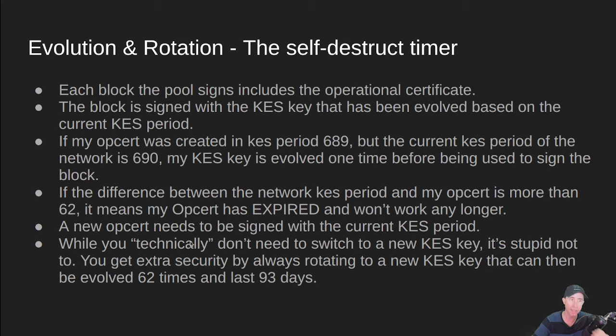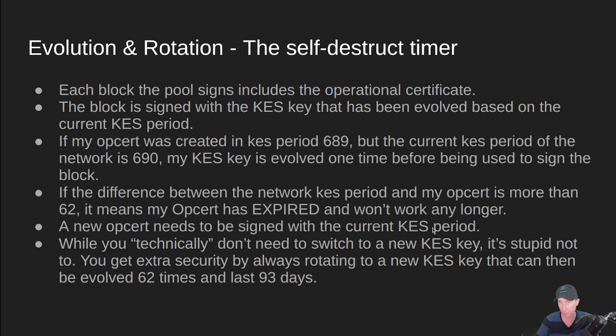And so at that point, a new opcert needs to be signed with the current KES period, and then the next block your pool makes, it'll present that new opcert. It'll check that that opcert's increment is only 1 more than the last one the network saw, and then you can continue forward.